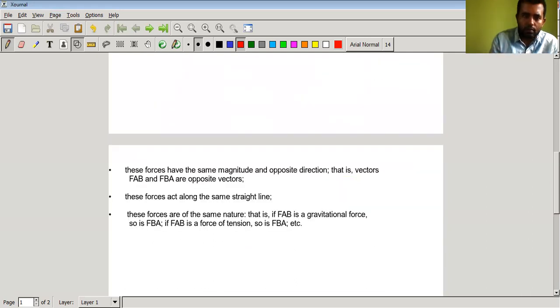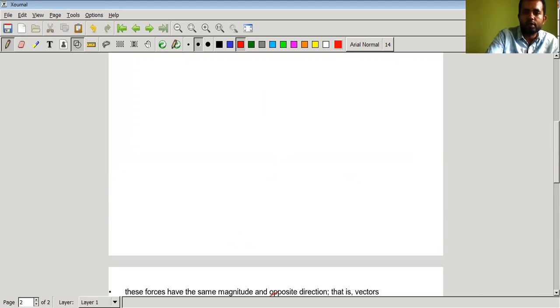Now, the first point we are going to talk about is that these two forces have the same magnitude and opposite direction. These are the properties. Let us take the first property: these two forces have same magnitude and opposite direction.